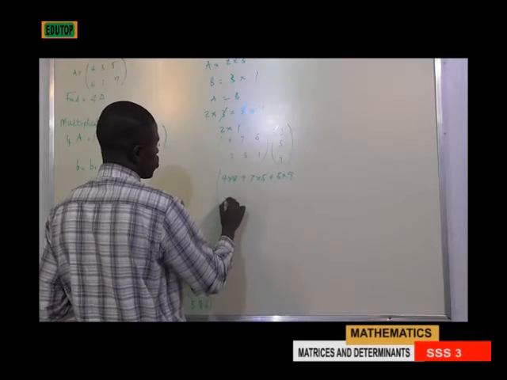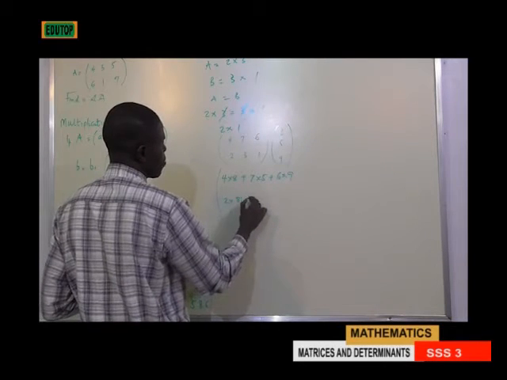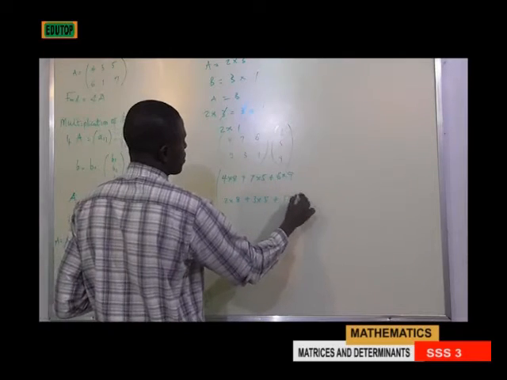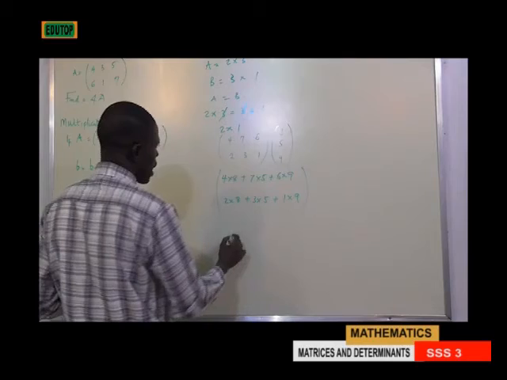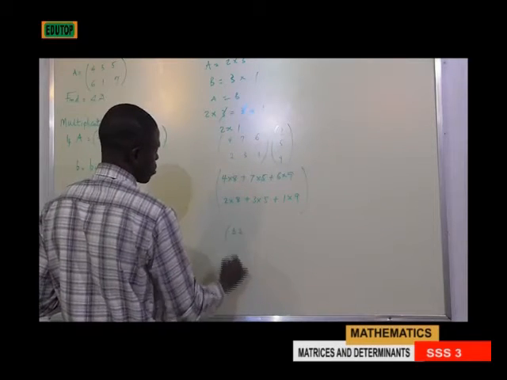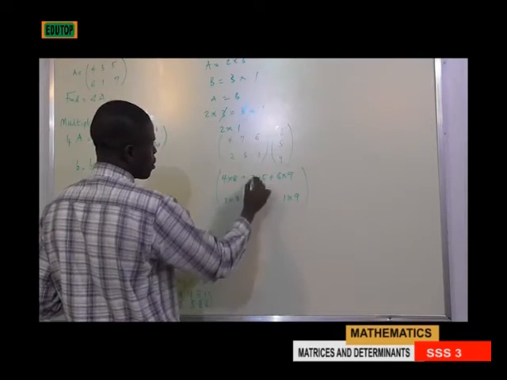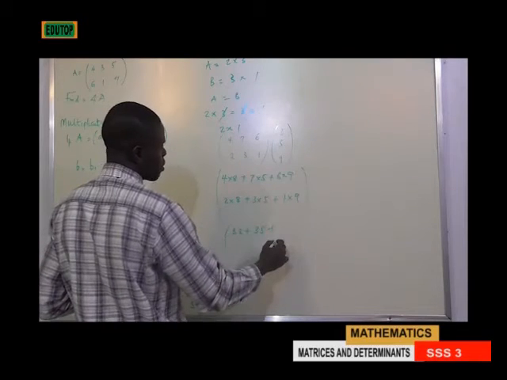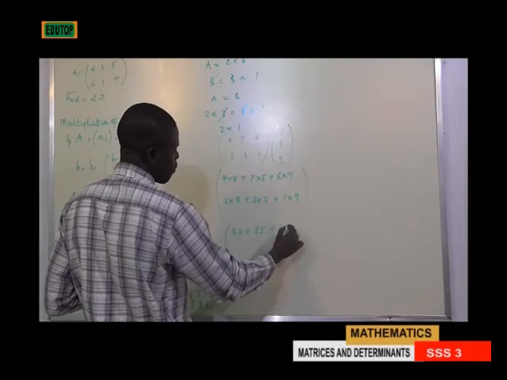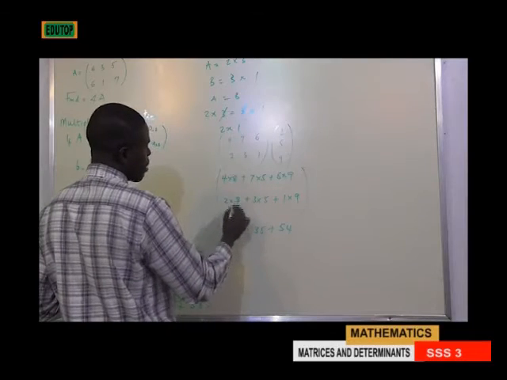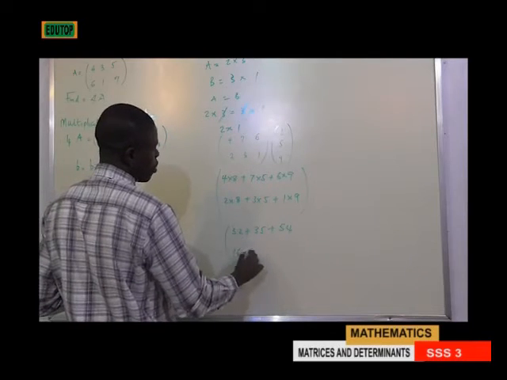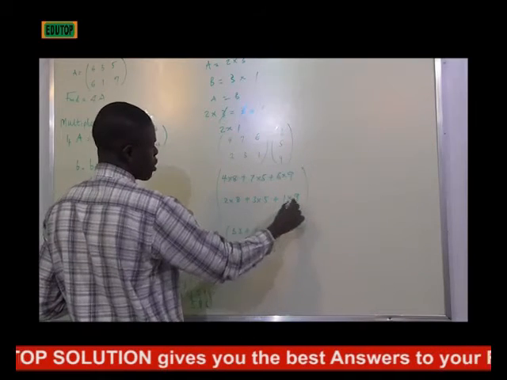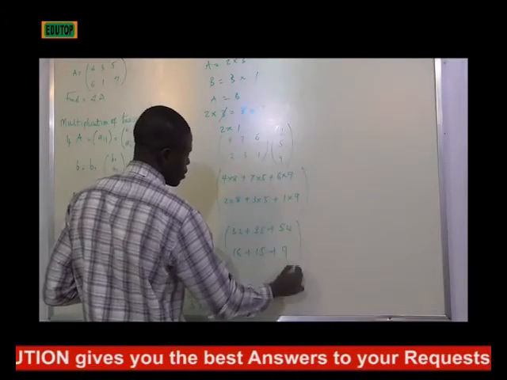Then we have 2 times 8 plus 3 times 5 plus 1 times 9. So 4 times 8 gives us 32, plus 7 times 5, 35, plus 6 times 9, that's 54. Then 2 times 8, that's 16, plus 3 times 5, 15, plus 1 times 9, 9.